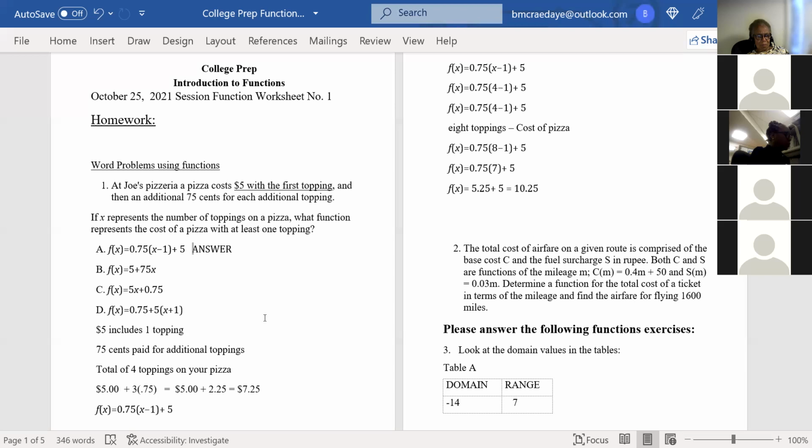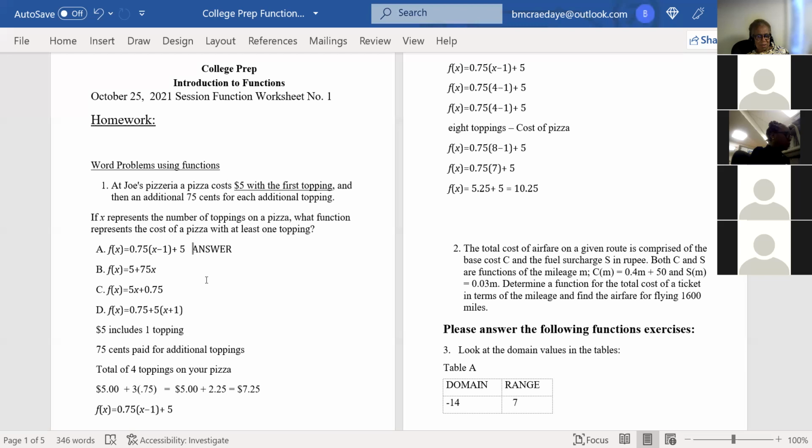So you're going to have f of x equals 0.75 times the quantity x minus 1, plus 5. But there's only one topping. Yes, one topping is included in the $5, and then each additional topping is 75 cents each.